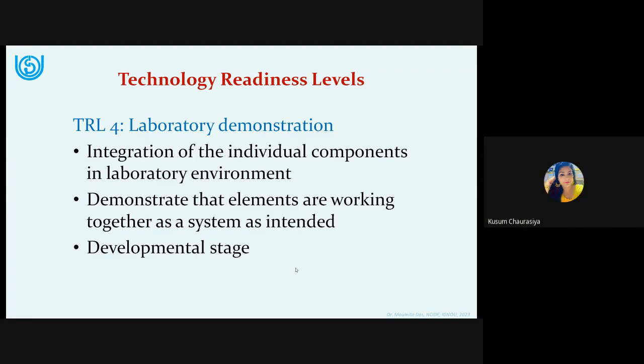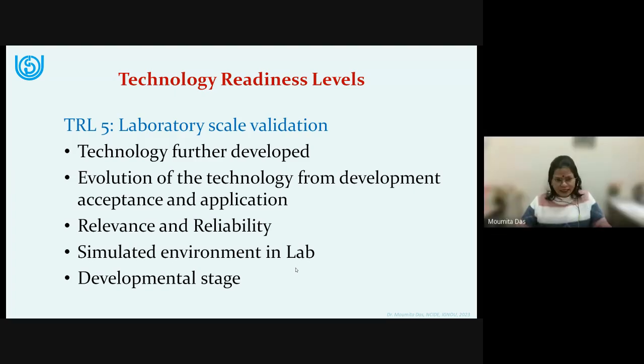Yes, ma'am. Okay. Now let's move on to the next stage, which is TRL 5, which is called laboratory scale validation. So why do we need to validate? In the previous step, you had demonstrated that the whole product works as a whole. In TRL 3, you demonstrated that the filter works. In the next one, you demonstrated that the whole product of the tea bag works properly.